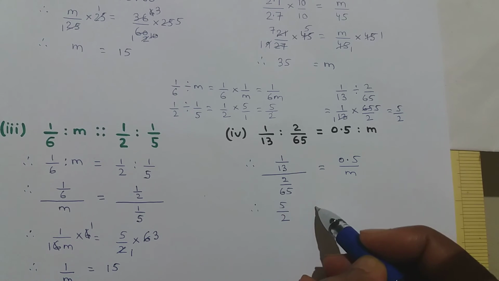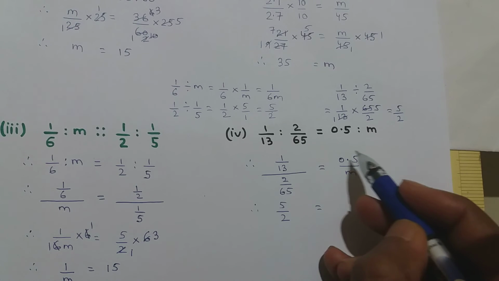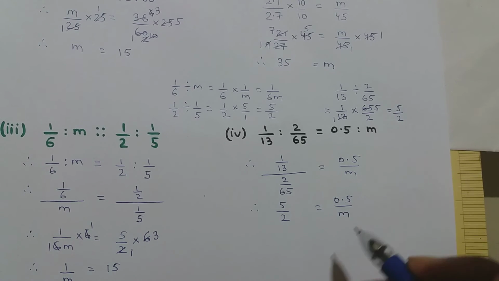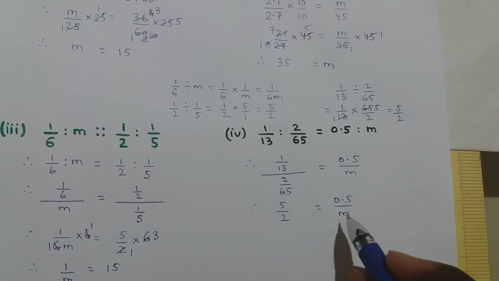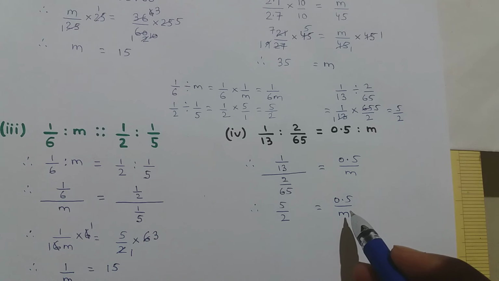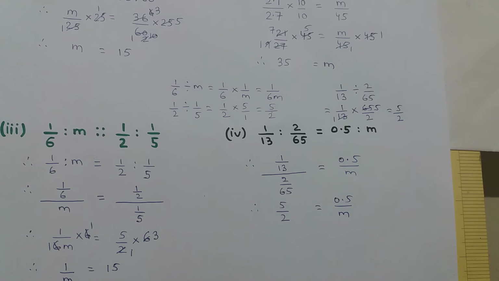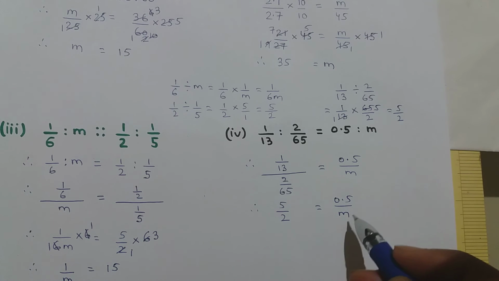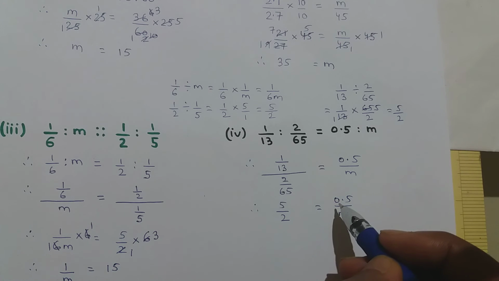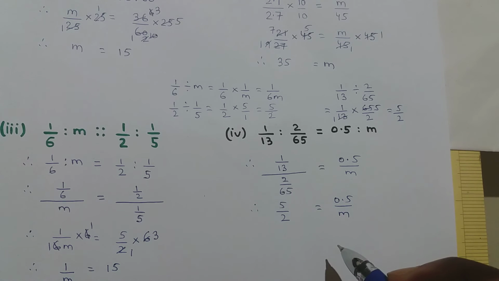So 5 upon 2 is equal to, and on the right hand side of the equation I have 0.5 upon m. Now if you look into this equation, this is a linear equation in one variable where the variable is m. So we have to find the value of m. In order to find the value of m, first I will try to get rid of this 0.5.